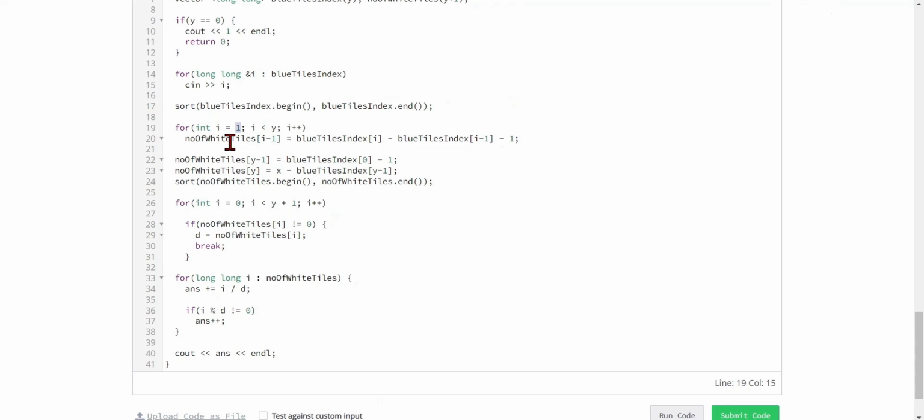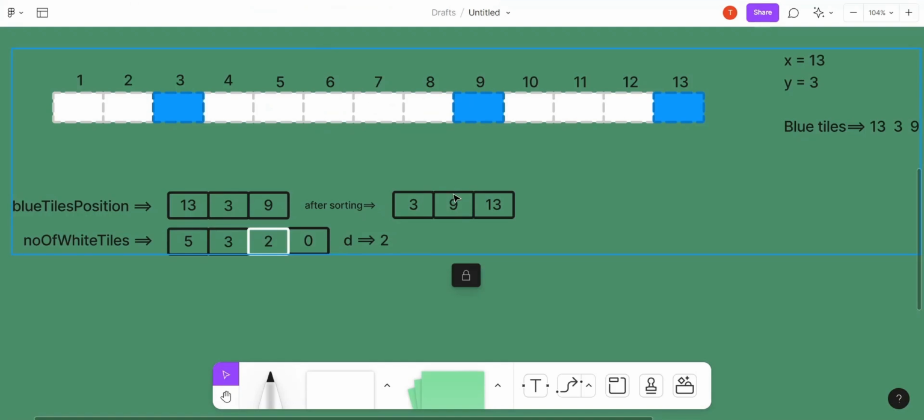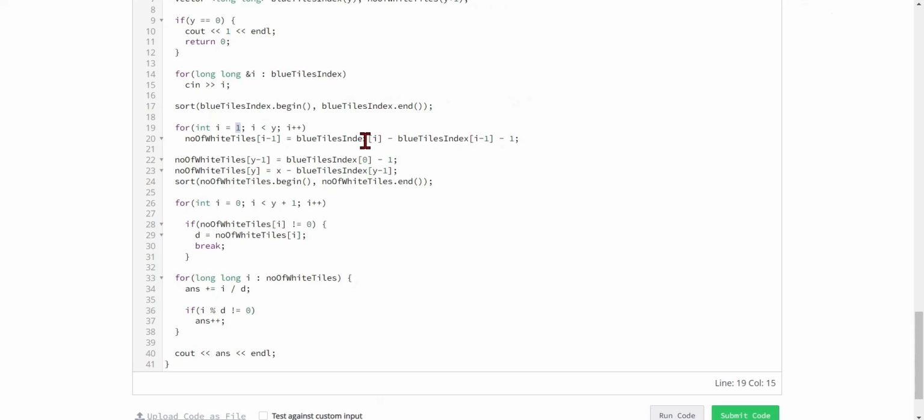Here the number of white tiles at index i minus 1, that is the first position of number of white tiles, equals blue tiles index i, that is blue tiles index 1, minus blue tiles index 0 minus 1, that is 9 minus 3 minus 1, because we are excluding both the third and the ninth tile. So we have blue tiles index i minus blue tiles index i minus 1 minus 1.